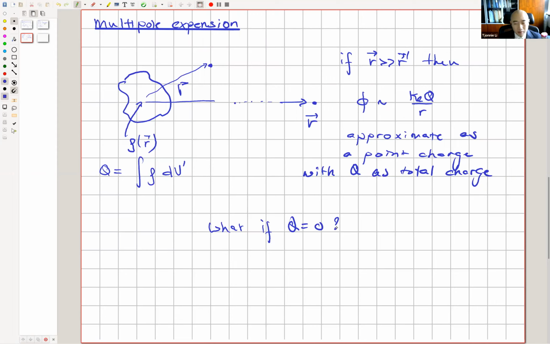We'll give people a minute or two to think about this. It's not that there's no charge. It's just that the plus and the minus charges are somehow distributed in a way that the total charge equals 0. The question is then, what happens then?